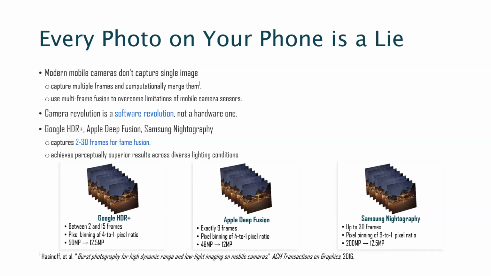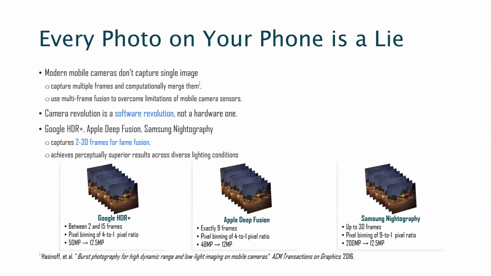They use this technique to overcome the limitations of mobile camera sensors, because mobile camera sensors are just 8 bits while DSLRs or bigger cameras have 14 bits of raw imaging. So this camera revolution is a software revolution, not a hardware one, when we talk about mobile phones.